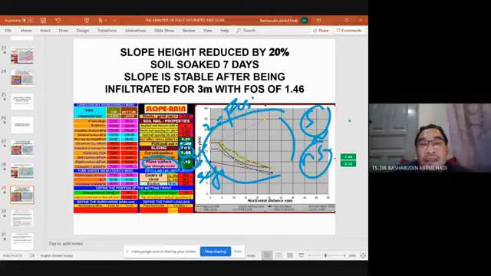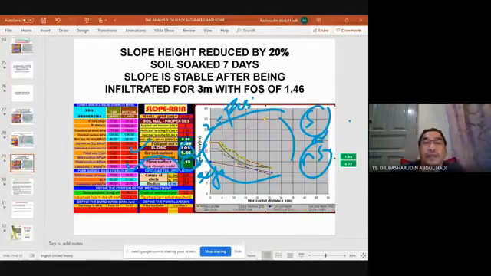Sometimes they say it's safe, a very good factor of safety, but on site the slope fails. Through his findings, he was recommended as a PhD in the United Kingdom. That is good. But here we can see it is very dangerous because we are still using this one, we are not using this parameter.